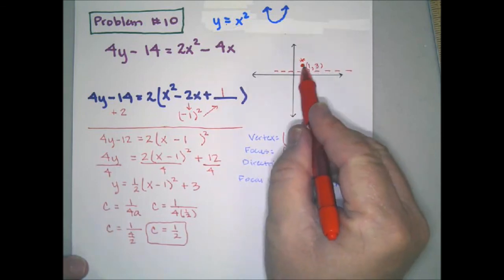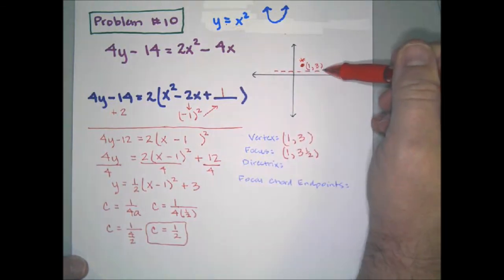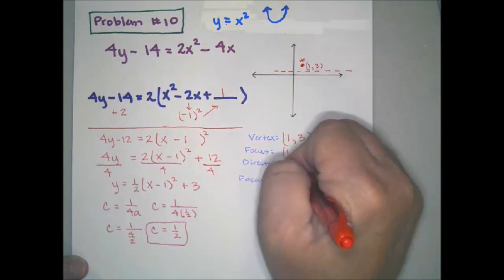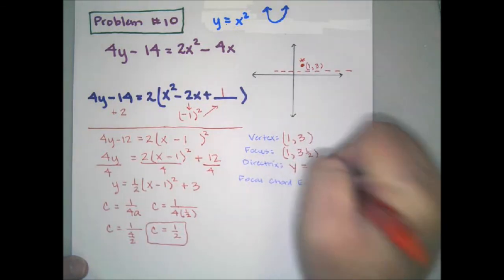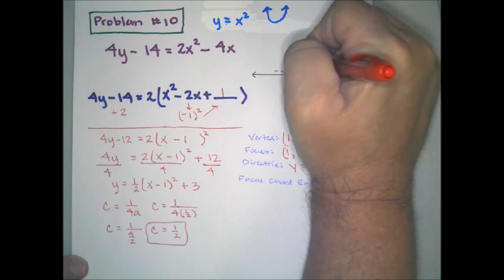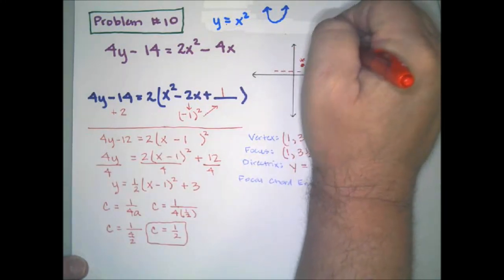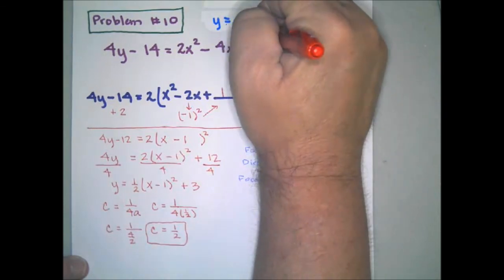Now, if I put myself back at 1, 3 again, and I go down a half a step to get to the directrix, that means my directrix is now at y equals 2 and 1/2. Because here's my parabola. Here's the vertex of my parabola. I know it opens up.